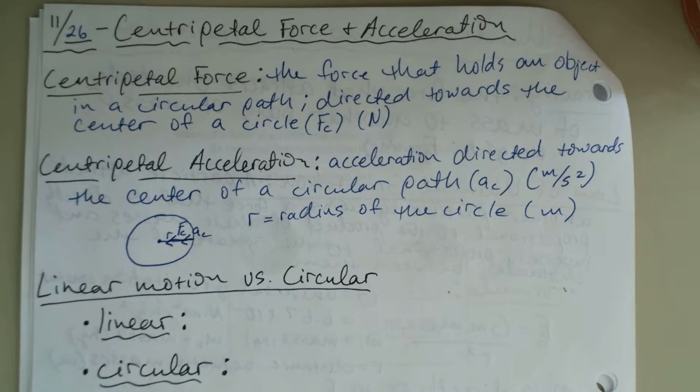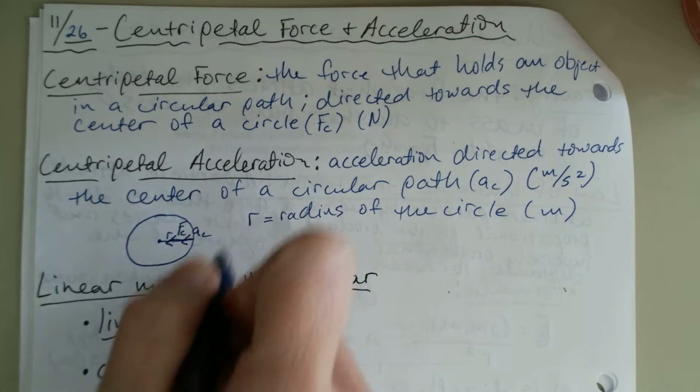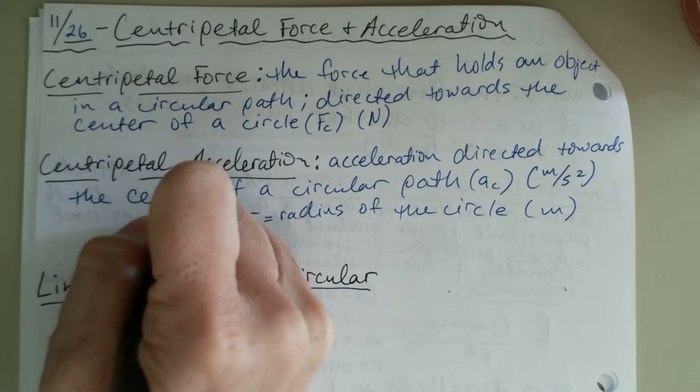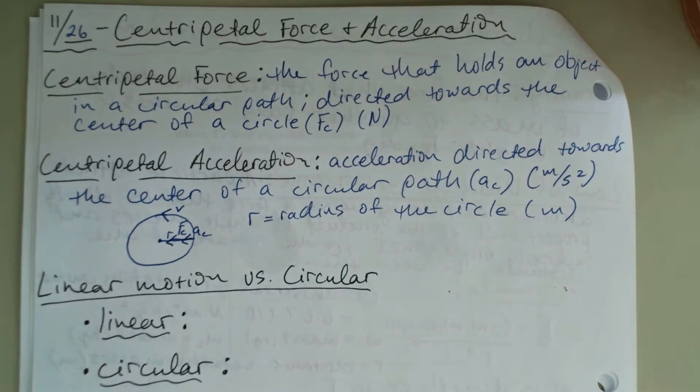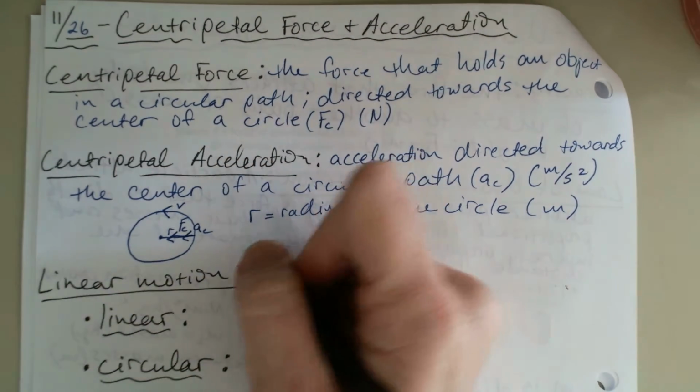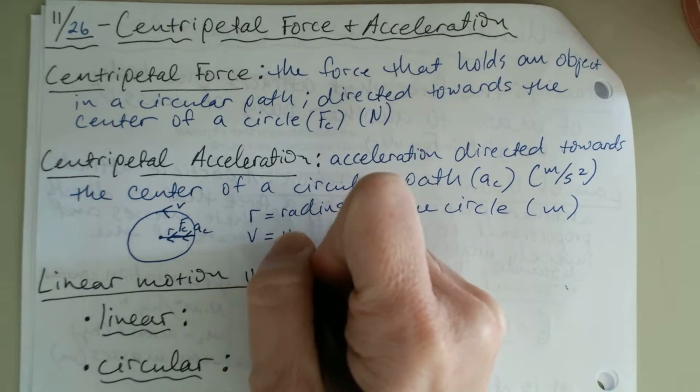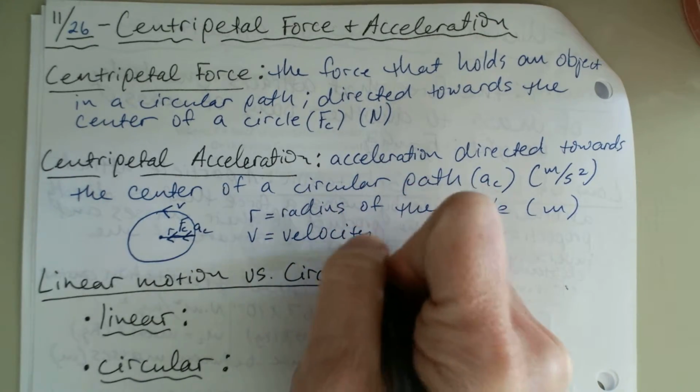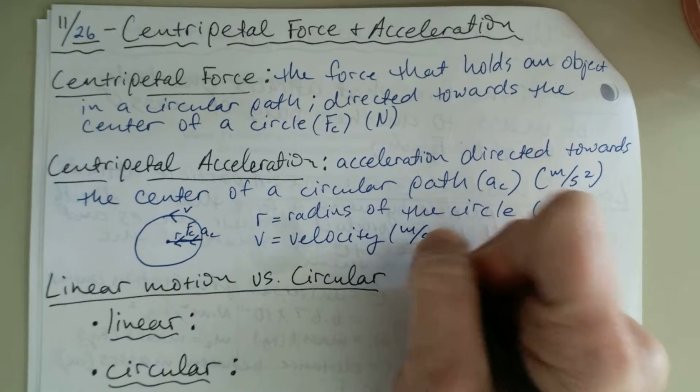Okay, so imagine something going around and around in a circle. It would be going at some velocity, okay? Now you know that V is for velocity, and velocity is in meters per second.